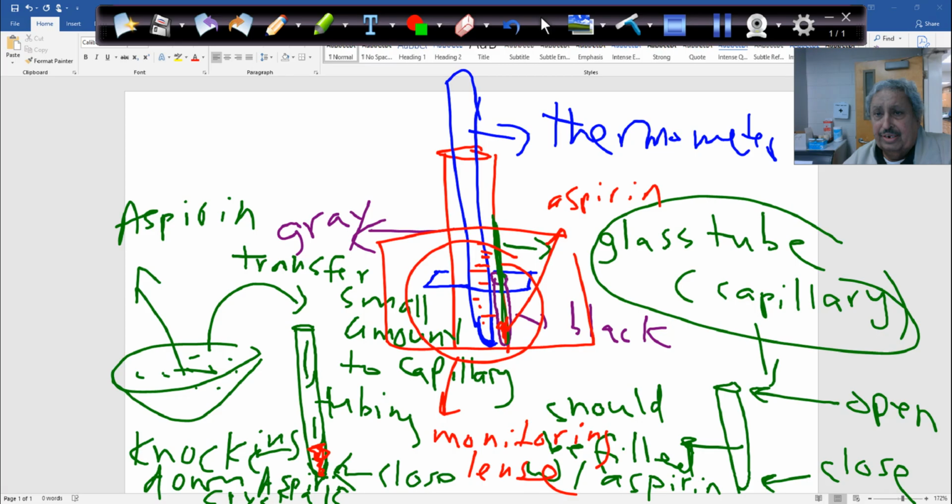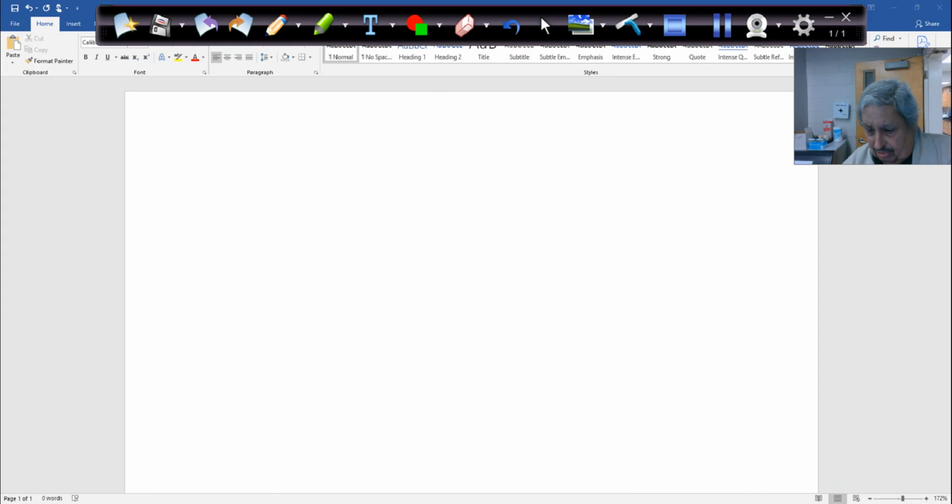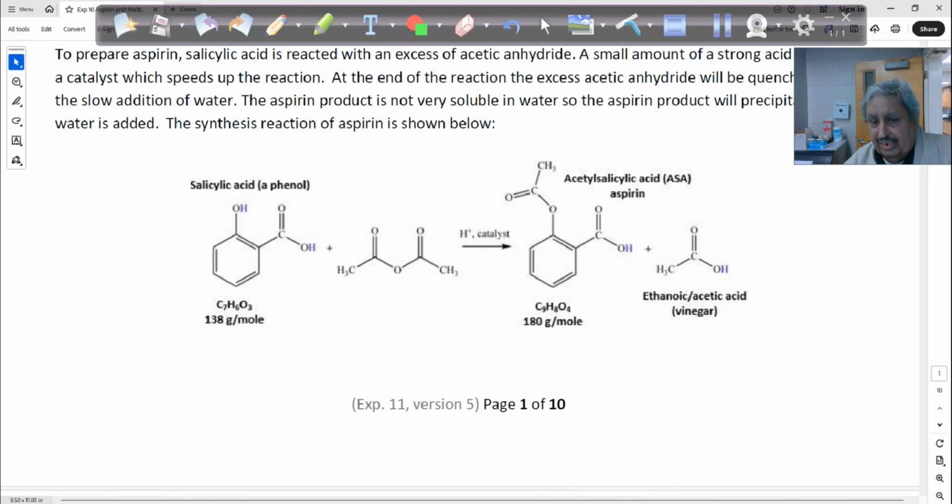So that's the one here, and the first one we did with the iron chloride. With the iron chloride, if you look, that's the reaction here. That's the acetyl salicylic acid, and when you add iron chloride, it will not react with anything else except what? Somebody tell me. The iron chloride. Well, this is your aspirin here.